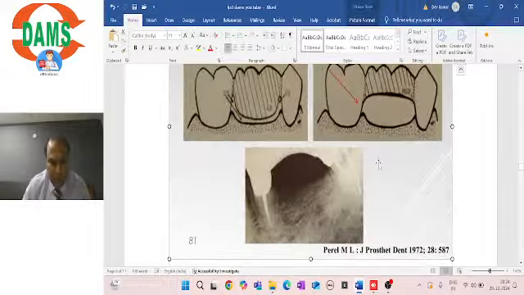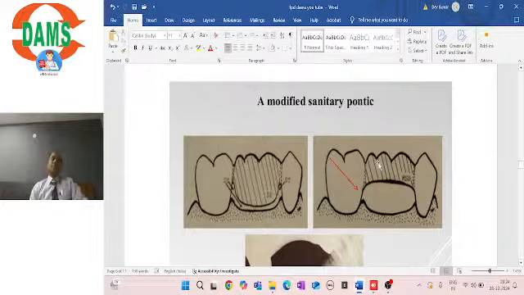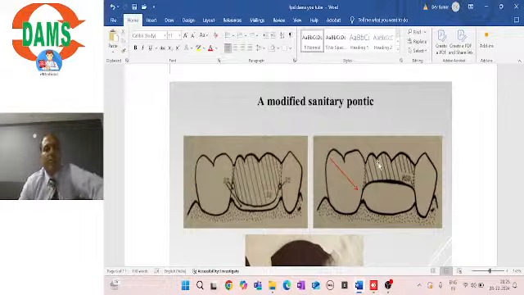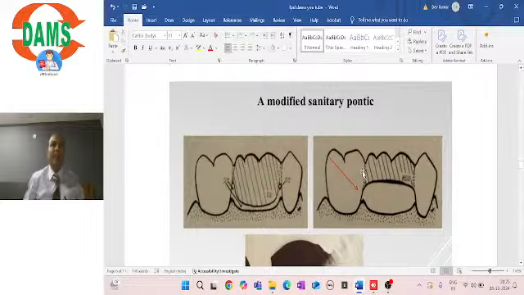Now this is important. We have sanitary pontics, which are normally indicated in the mandibular posterior region, where aesthetics is not important. Thousands and thousands of times this question has been asked: what are the gingival considerations of a pontic?